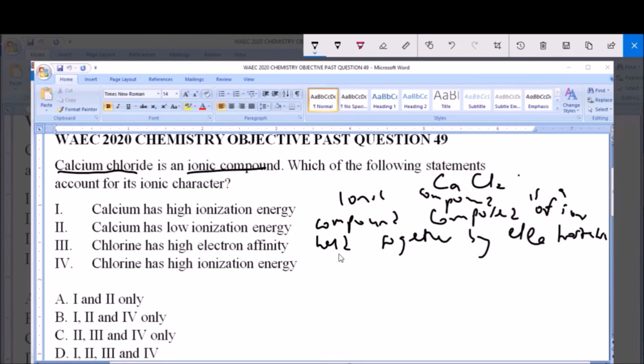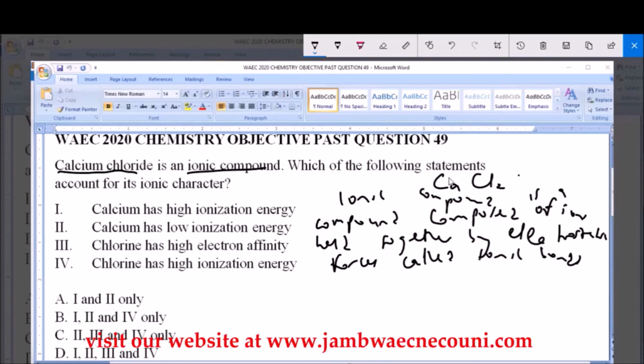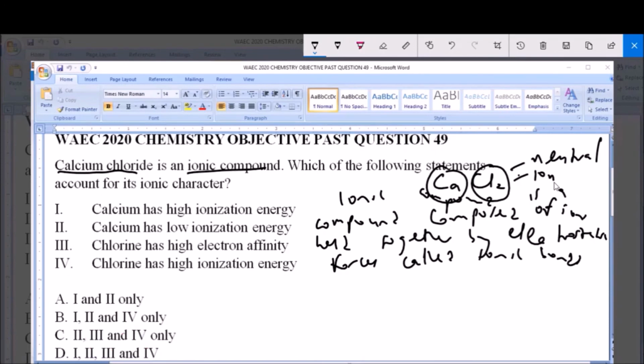So usually you have the compound neutral, but in its formation the two atoms involved are ionized, forming ionic bonds. So this ionization occurs based on some characteristics of the participating atoms in the periodic table.